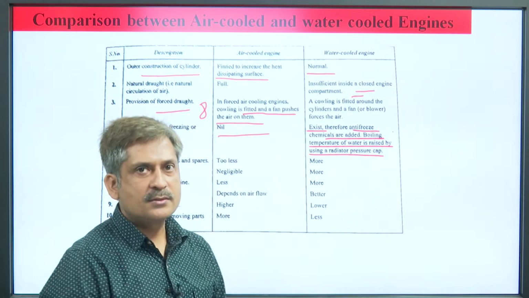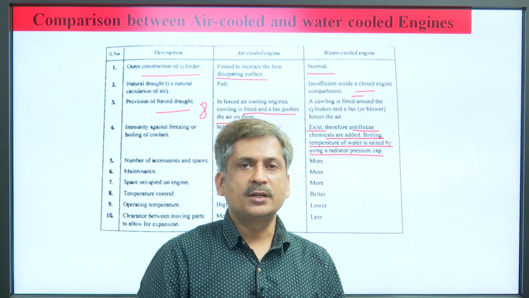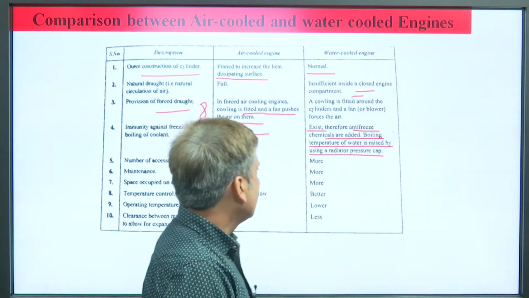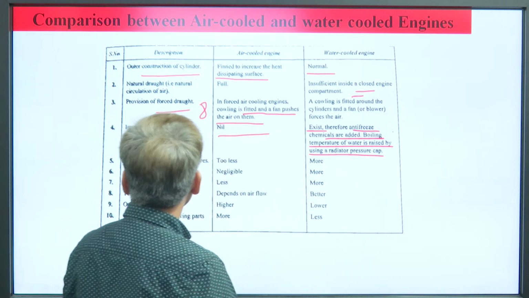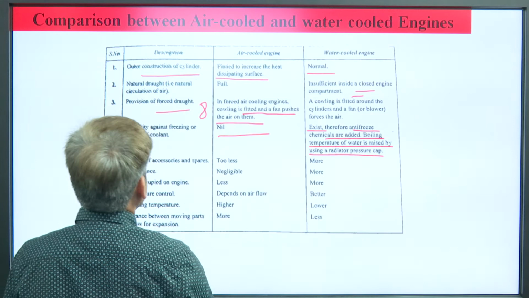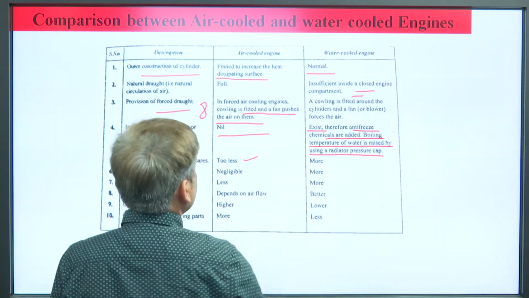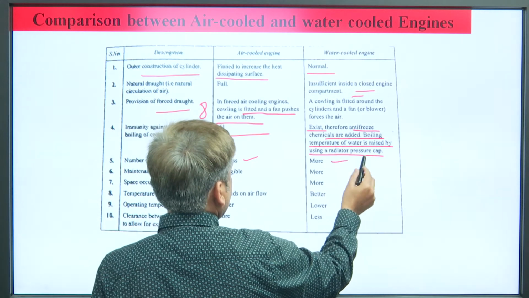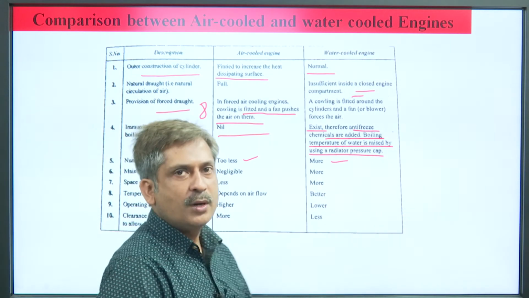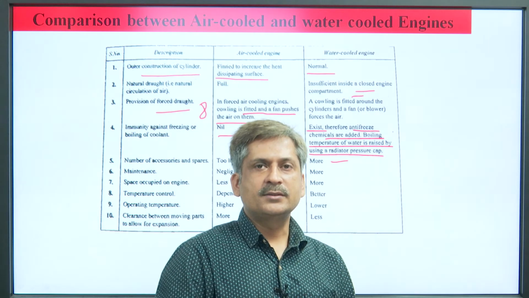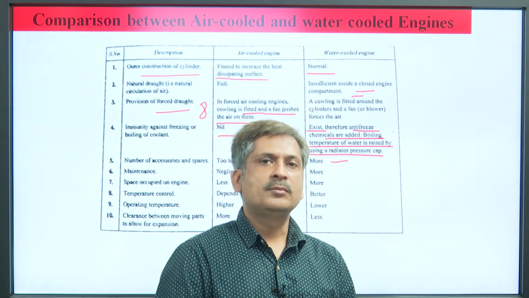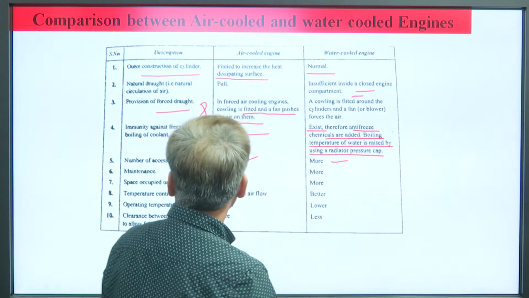We have discussed this; the boiling point is raised with the help of the radiator pressure cap. Then the number of accessories and spares: in air cooled it is very few, while here there are many components we have discussed, like fan, pump, radiator cap, thermostat valve, pulleys, etc.